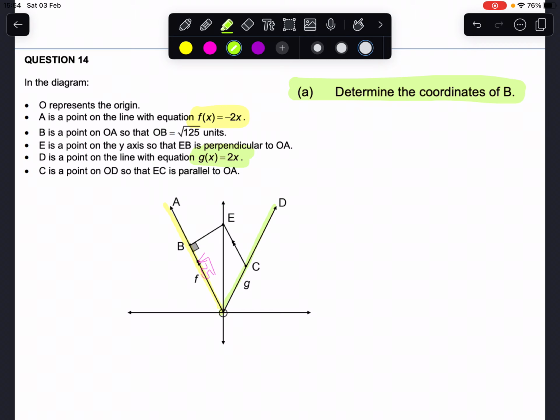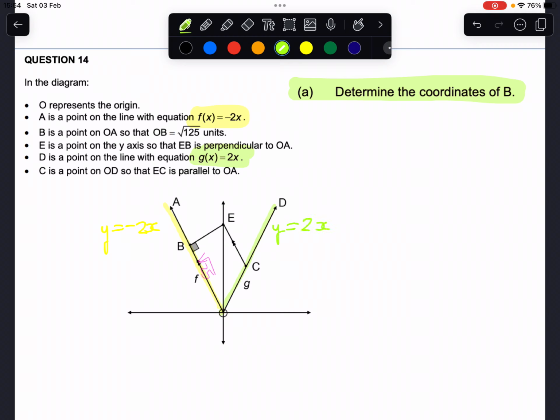Wowzers with the trousers. Where to begin? Okay. So just to recap some of the things that were said. We know that this equation is y is equal to negative 2x, and we know that this one is y is equal to positive 2x.